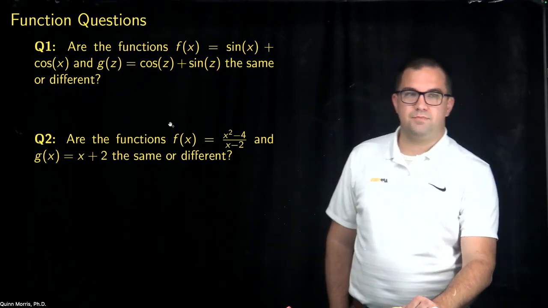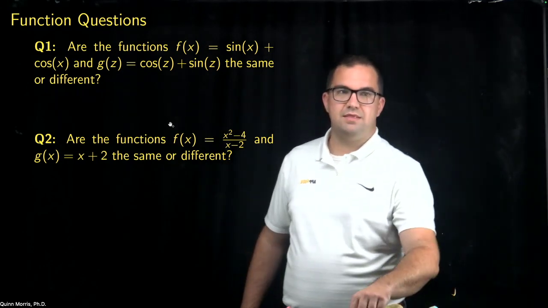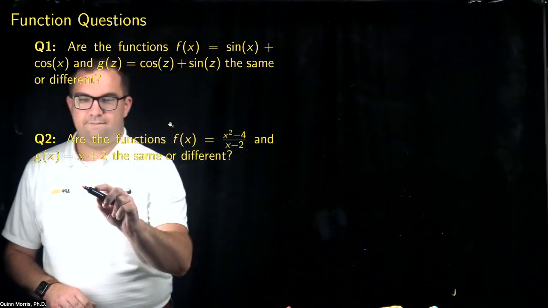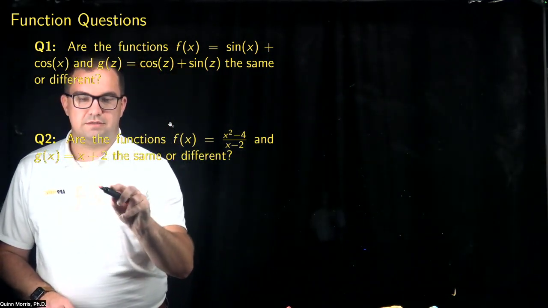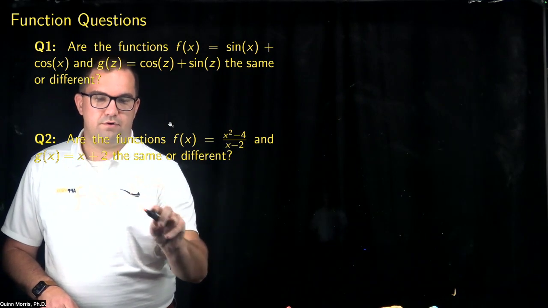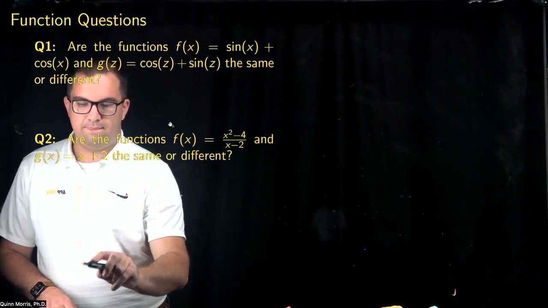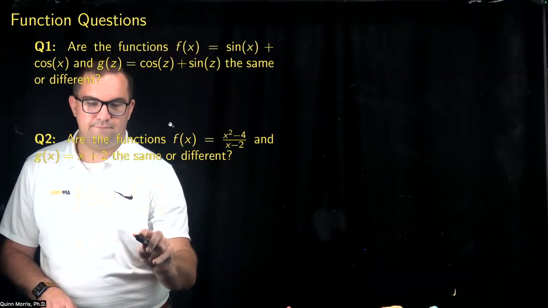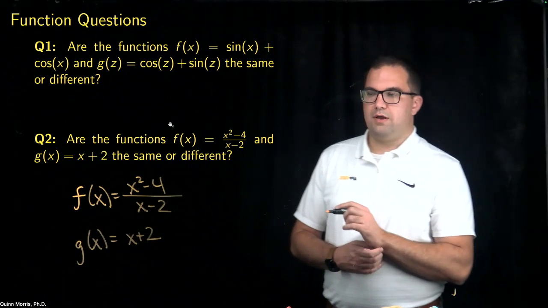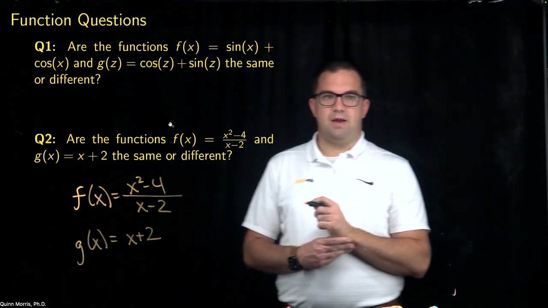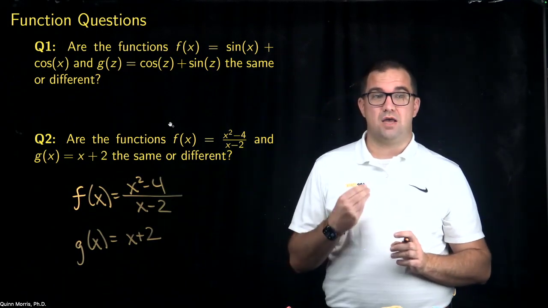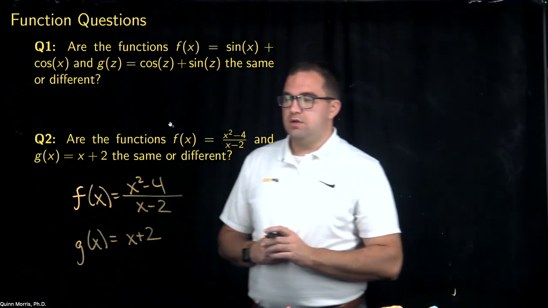All right, great. So let's examine these two functions. If I look at f of x, I have f of x is x squared minus 4 over x minus 2, and I have g of x is equal to x plus 2. Now, the first thing we might want to think about, because it's not specified, is what are the domains of these functions?